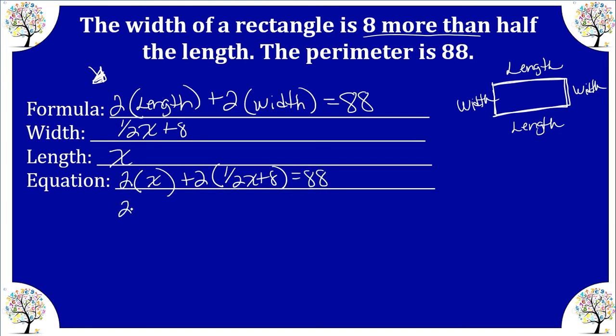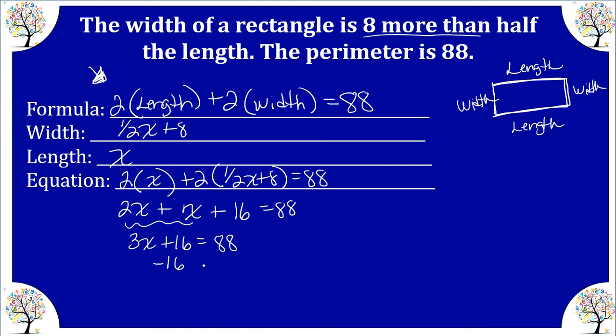So let's distribute the 2. And this 2 times 1/2 x is 1x plus 16. 2 times 8 is 16. We're going to combine our like terms, and we have 3x plus 16 is equal to 88.